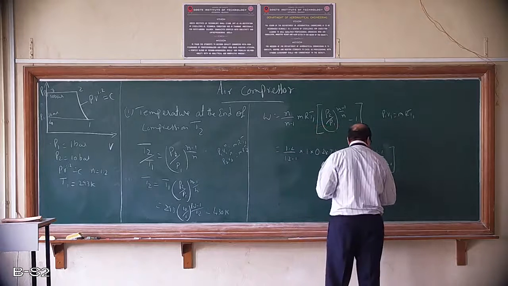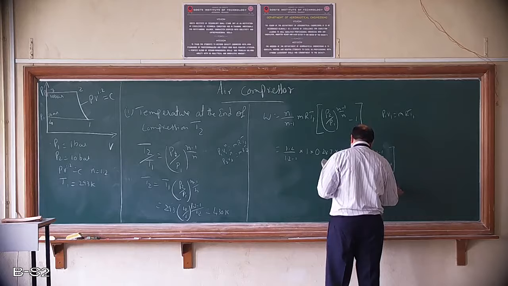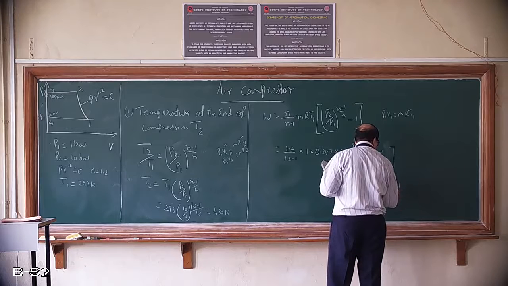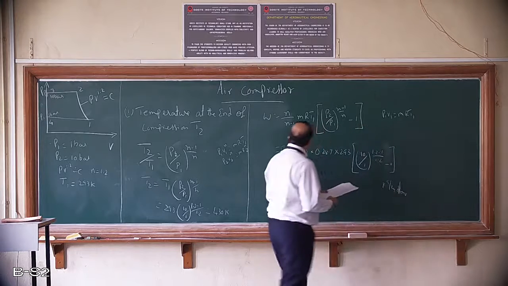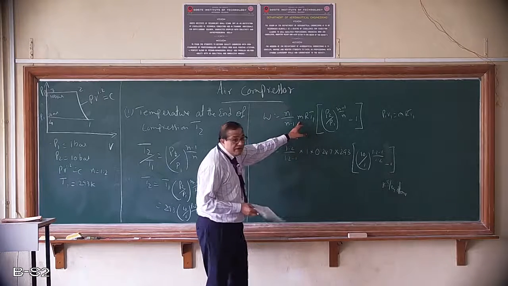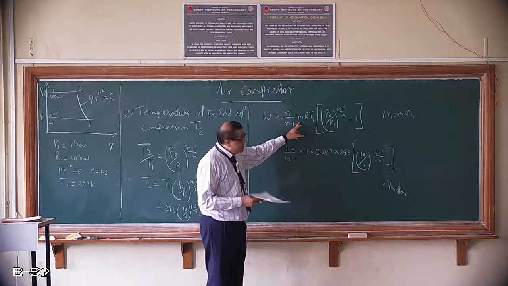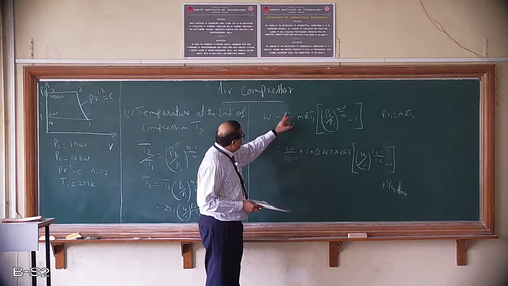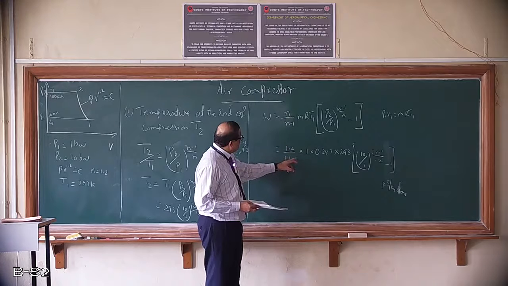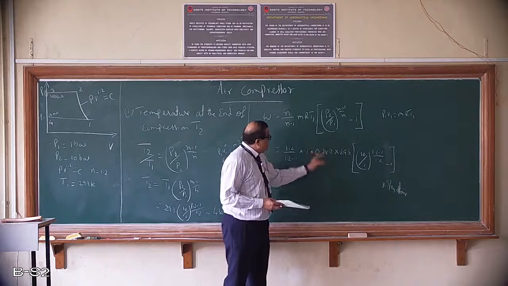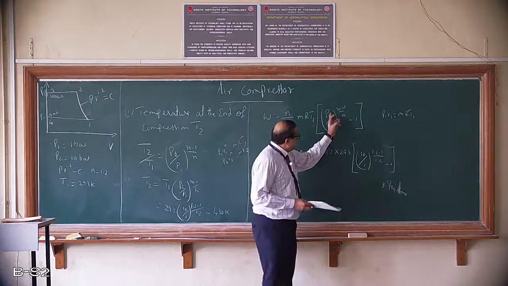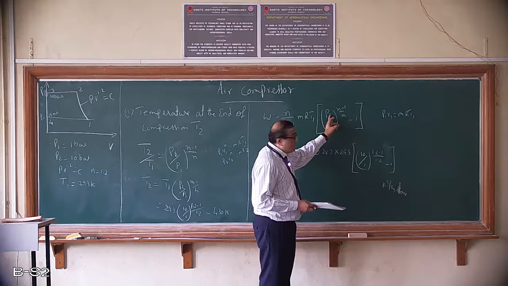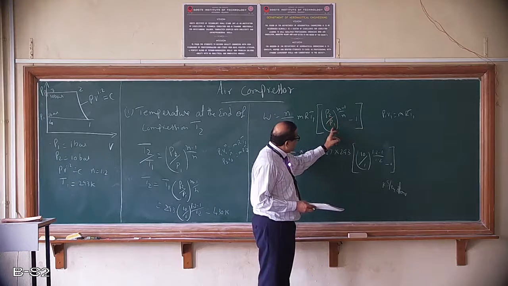The unit here is kilojoules per kg of air, because in MRT1, m we have considered as per kg. Here n is known, 1.2; 293 is the temperature given; 10 is the delivery pressure, P1 is intake pressure.